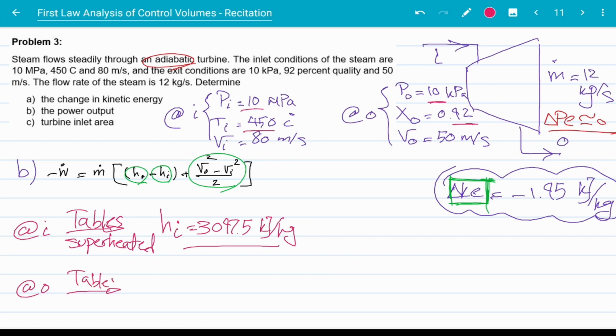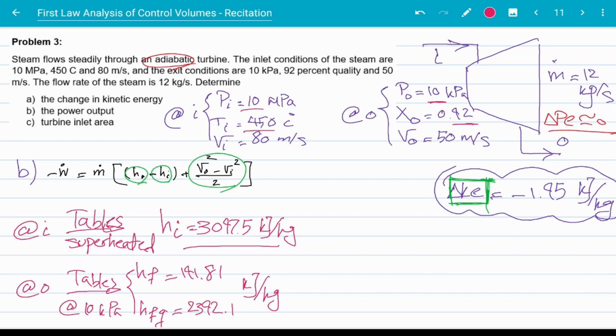This time I'm going to read both h_f and h_fg at the pressure of 10 kilopascals. Okay, so if I do that, h_f is 191.81, h_fg is 2392.1, both in kilojoules per kilogram.